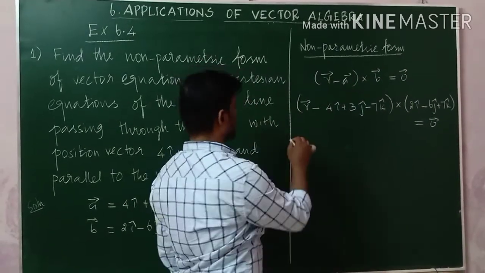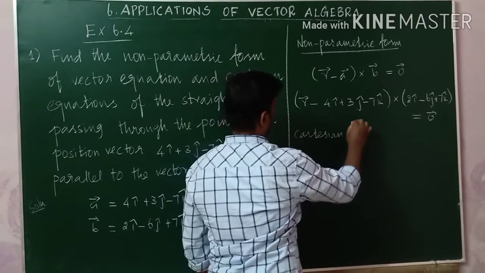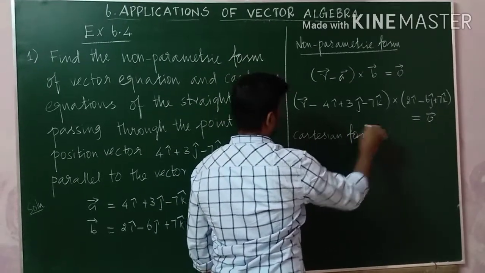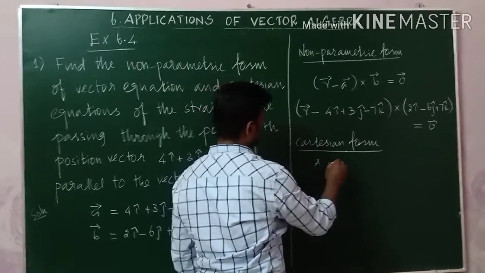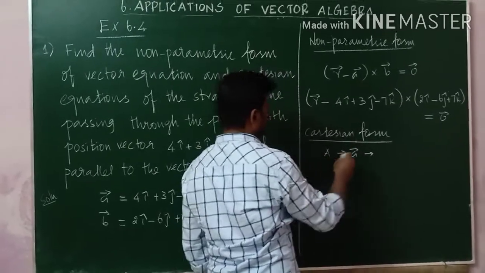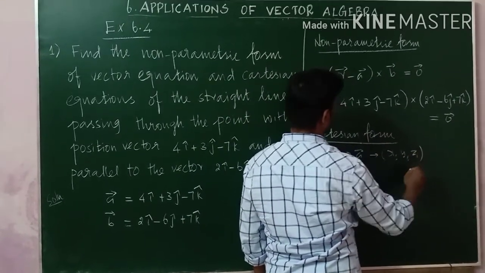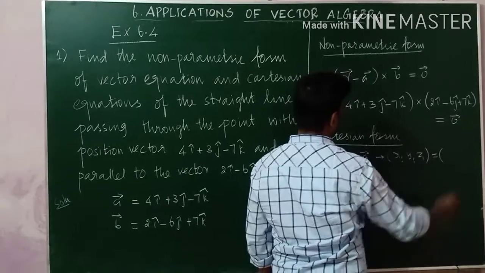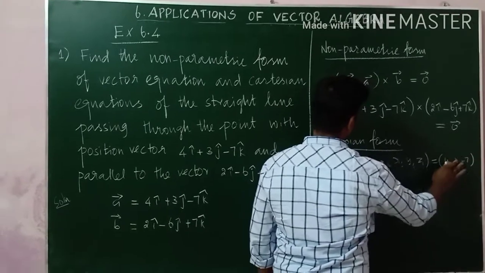And what is the Cartesian form? We take the point A whose position vector is A vector, with coordinates x1, y1, z1, which are 4, 3 and minus 7.